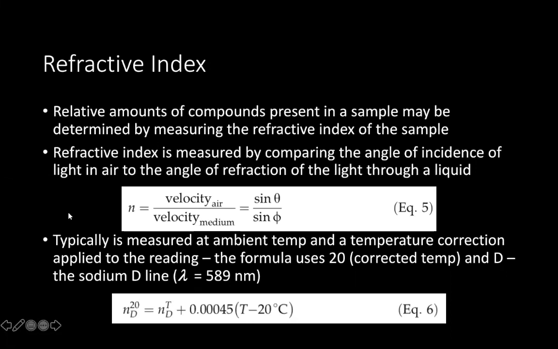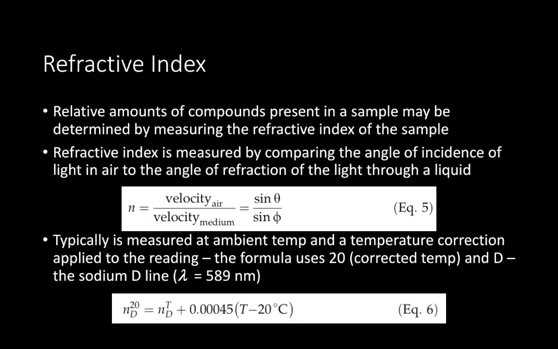Refractive index is typically measured at room temperature, and our refractometers, our refractive index measuring devices, are located in the room next door to the organic lab. Typically, you're measuring it at ambient temperature, and you apply a temperature correction for the reading.